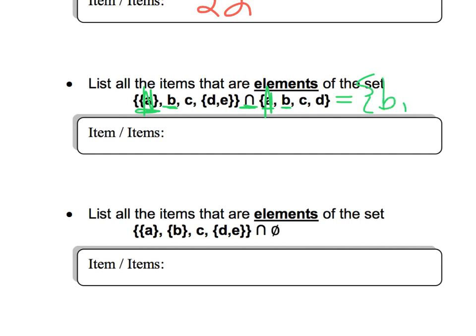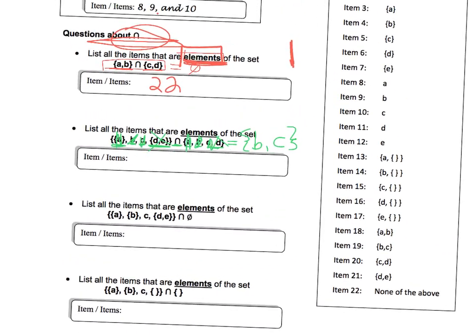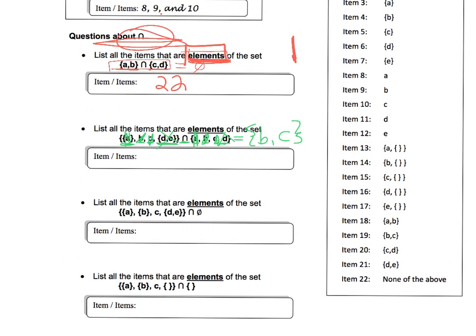I also have a C. I'm starting to close it before I finish it because I looked at this and said, well, that is not the same as that, so it's not in both sets, and when I take the intersection it goes away. So it is just the set containing B and C. When I answer this question, what are the elements of this set? The elements of this set are just a B and a C. So we have item 9 and item 10, and that's it.